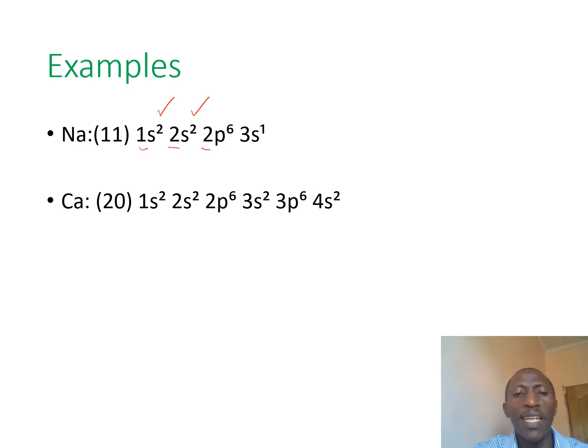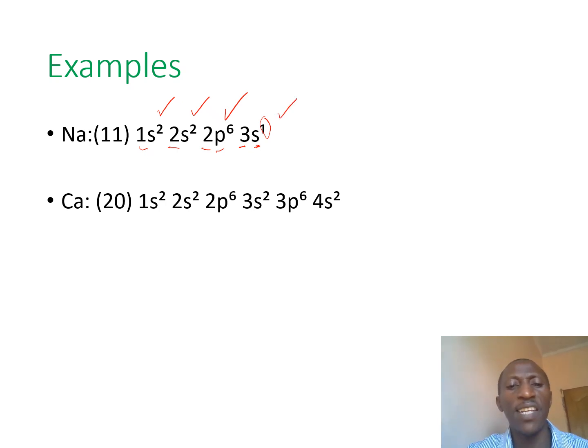In the second energy level, we also have the p orbital, a maximum of 6. So far, we have put 2 plus 2, making 4, plus 6, 10. So out of the 11, we are left with only one electron, which we put in energy level 3 under the s orbital. So it comes to 3s1.